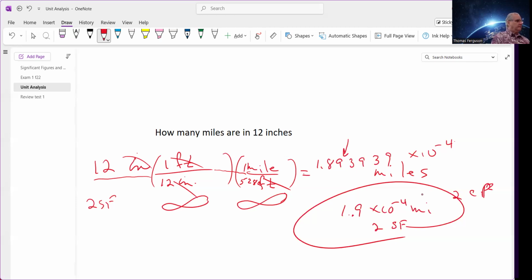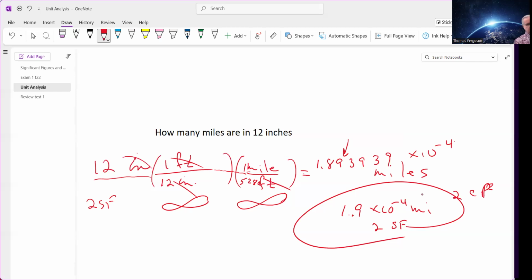Work again. How you came to the conclusion of 1.89. Okay, so you go 2 sig figs. Yeah, so if we're canceling out all of our units, then you're left with basically 1 over the 63,000. Left with 1 mile. Correct, 1 mile over the amount of 5280 times 12.